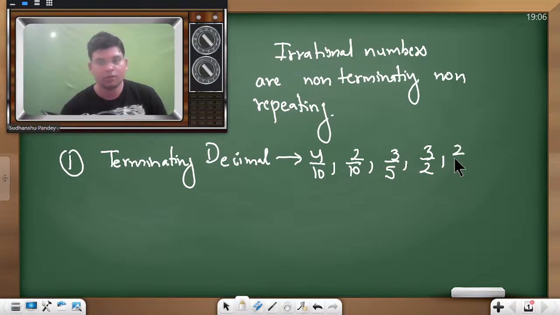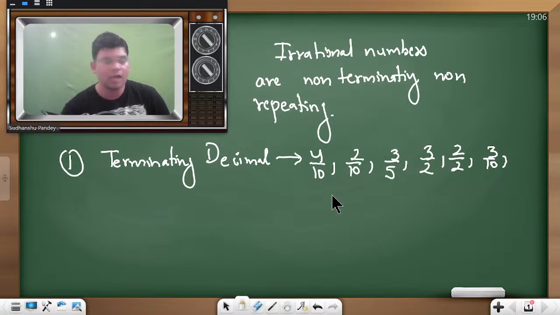2/10. No, wait. 2 by 2, very good. Adit, can you give me an example of terminating decimal? So 3/10. Wonderful. Diya, please tell me one example of terminating decimal, beta. दिया बेटा, आपकी आवाज़ क्लियर नहीं आ रही मुझे.